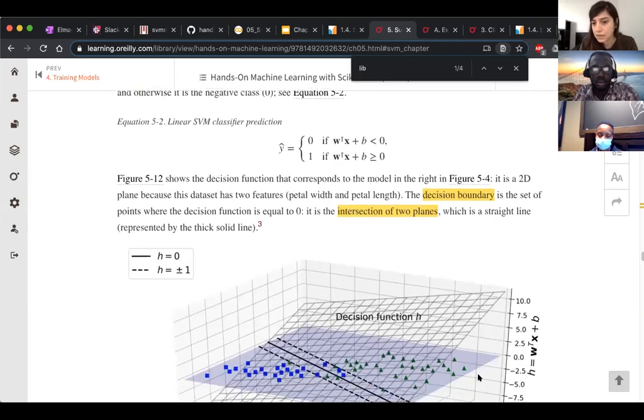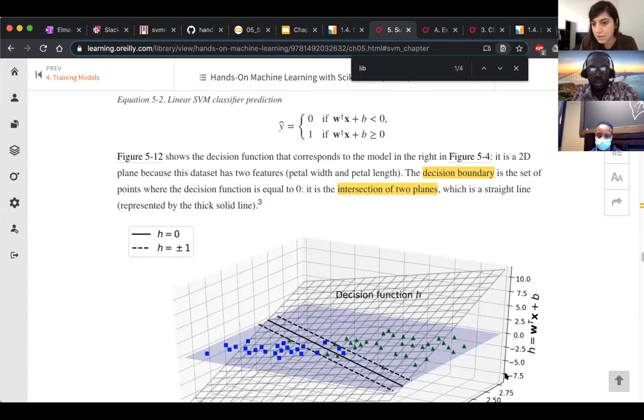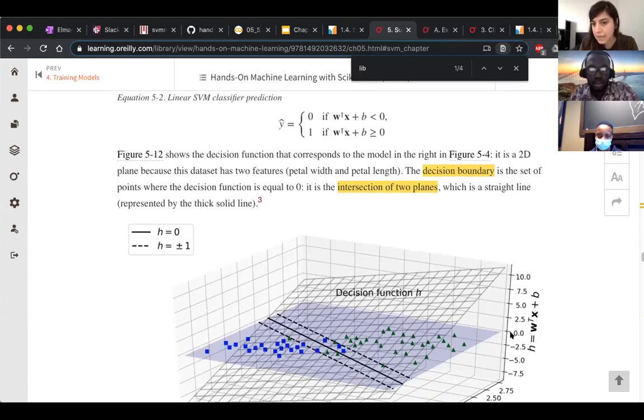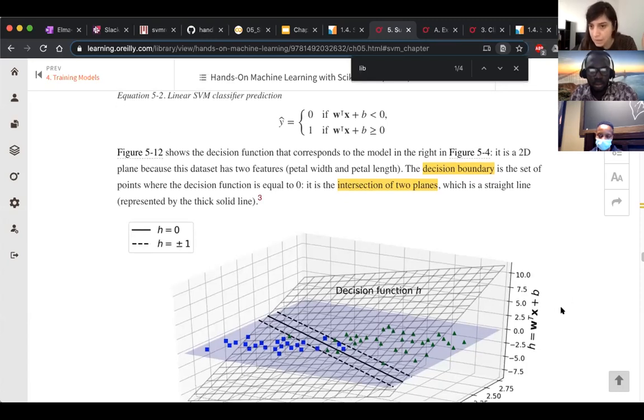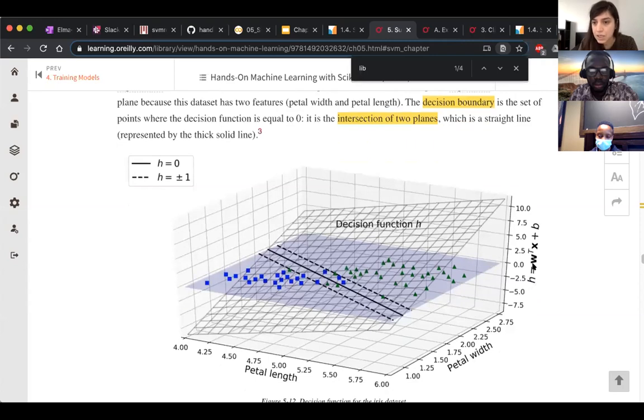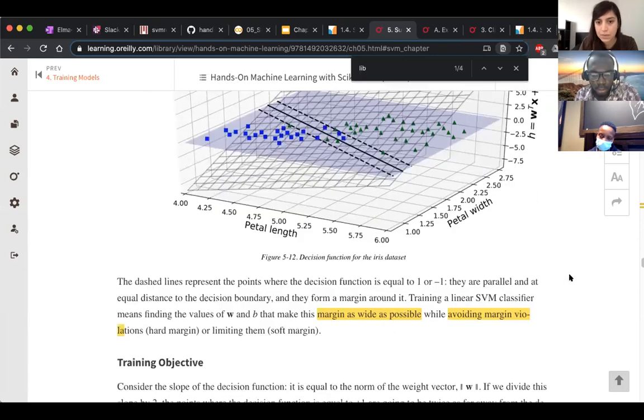You can also see over here the 3rd dimension that we're introducing to our data plane is the decision, h, which is our function, and at 0 it intersects with our data, right? If it's positive, by definition, we are dealing with one class, and if it's negative, we are dealing with the other class. Okay, so this is what we should be knowing.